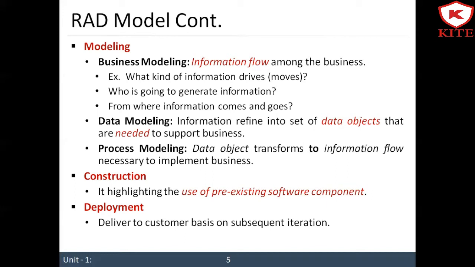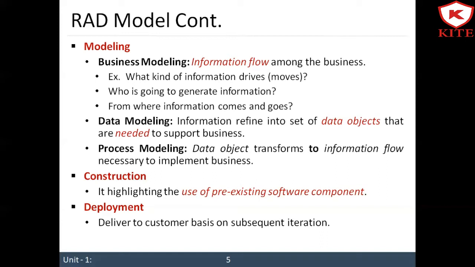The use of pre-existing software components means sometimes we have to reuse the code of pre-existing software. Or we can also use an automatic code generation tool so that we can save time and generate the code very speedily. So construction means developing the code for the software.